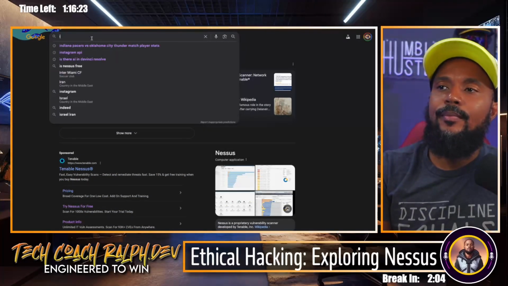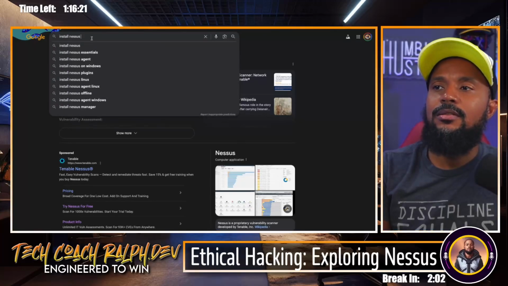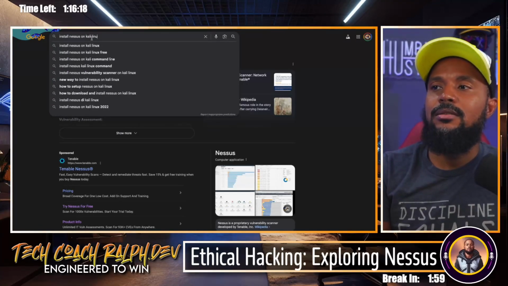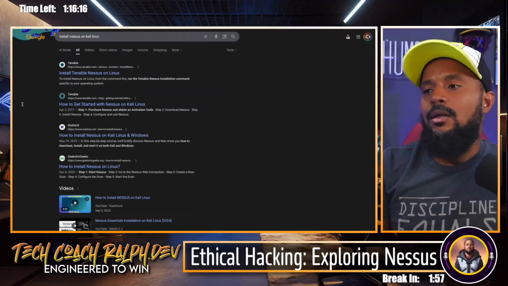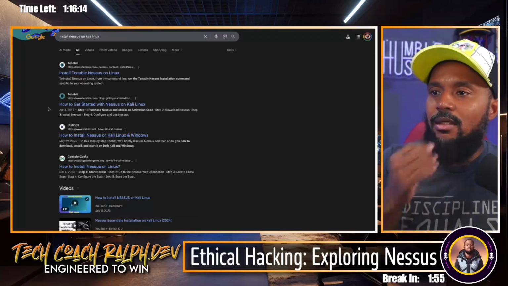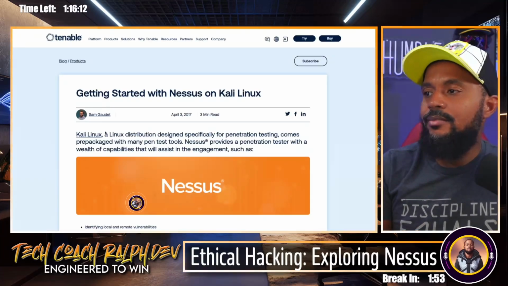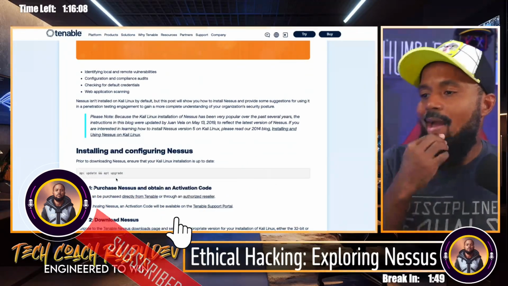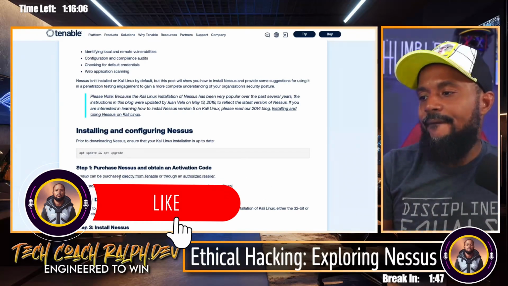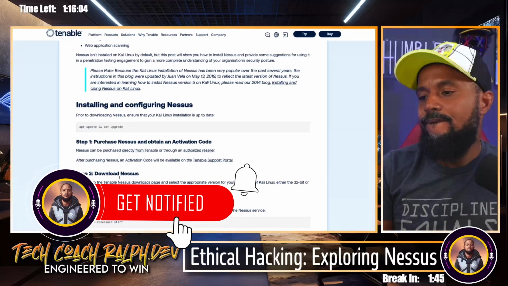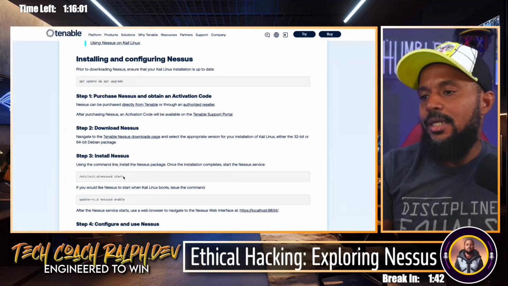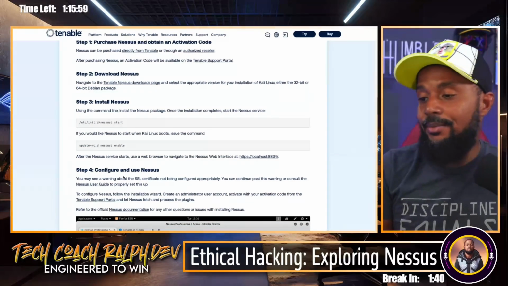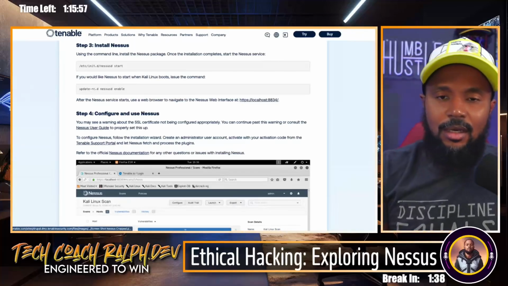Install Nessus on Kali Linux. How to get started on Kali Linux. So I'm going to need my activation code. All right, so I do need that. Download. So we'll follow these steps and see if we can get it on there.